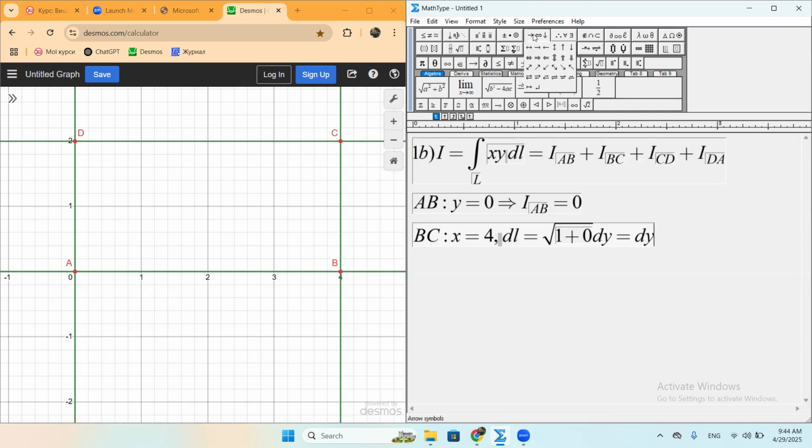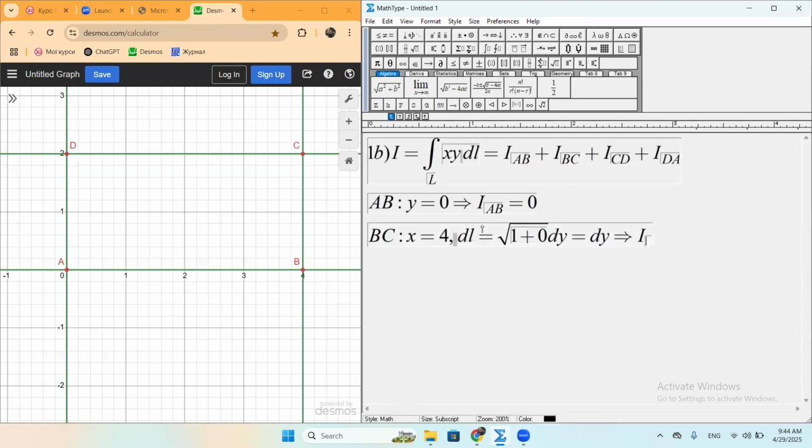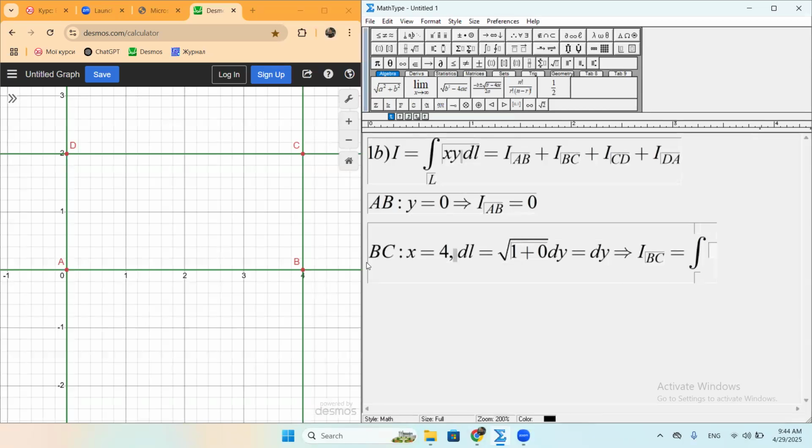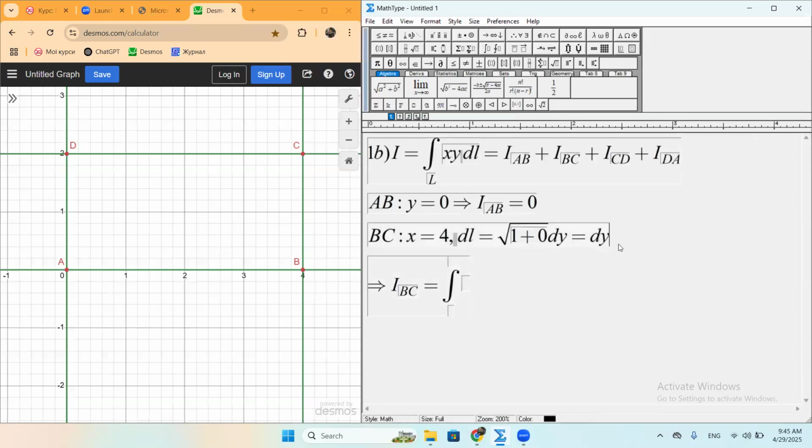And the integral will be the following. The integral along BC equals, where y changes from 0 to 2, the integral from 0 to 2 of 4y dy.